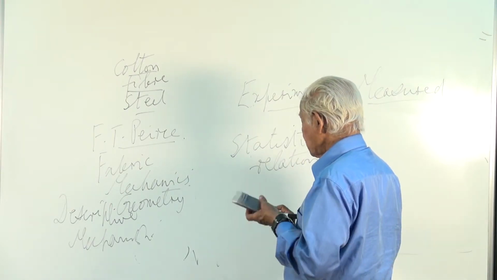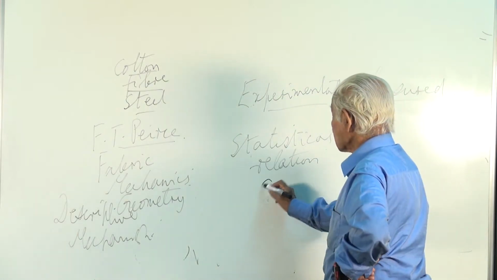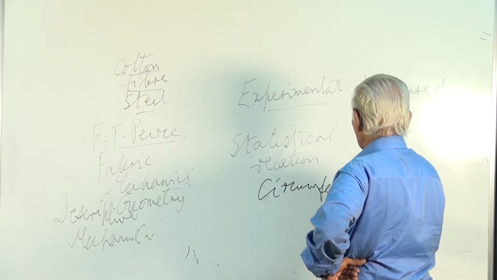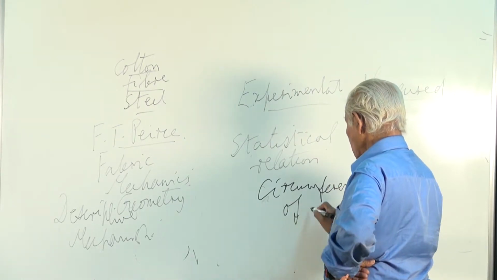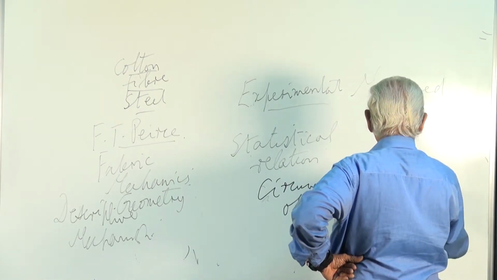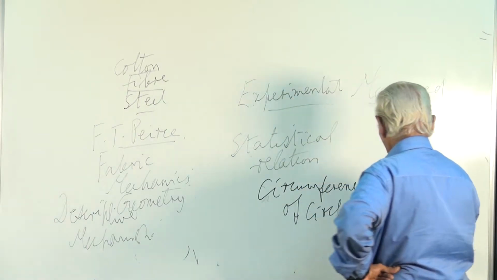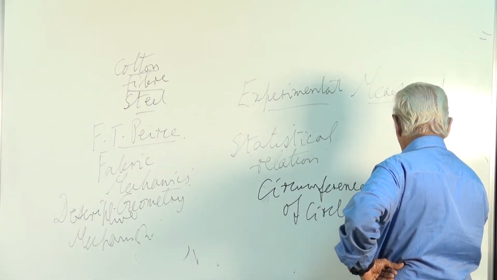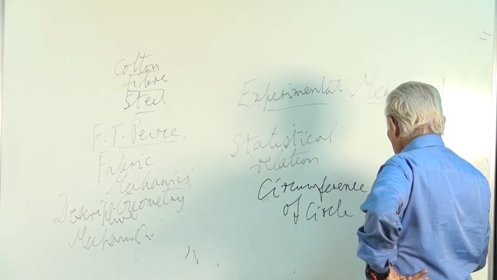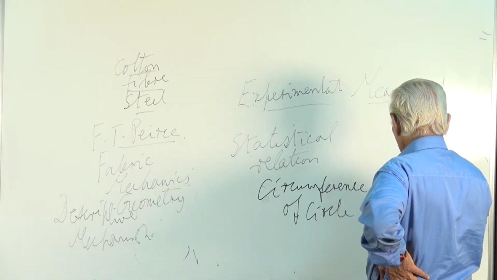For example, the simplest mathematical model that one can think of is the circumference of a circle. Say 2 pi r or pi d, where pi is 3.14, a constant, or 22 by 7, and d is a diameter, maybe centimeter, millimeter, or whatever it is. And it is possible to predict the circumference of a circle using this formula.